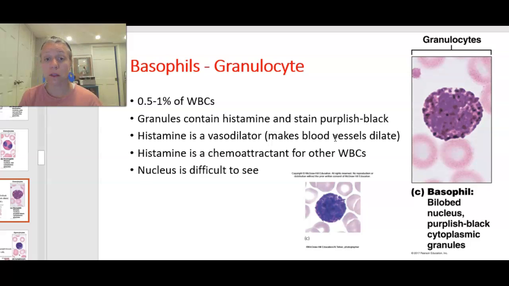But actually, it is a really good thing that we do this vasodilation because it brings more white blood cells to the area to help protect us. So histamine is a chemoattractant for other white blood cells. So when basophils start releasing histamine, other white blood cells come to the area that could be damaged or have an infection. Okay. All right, so those are the granulocytes.